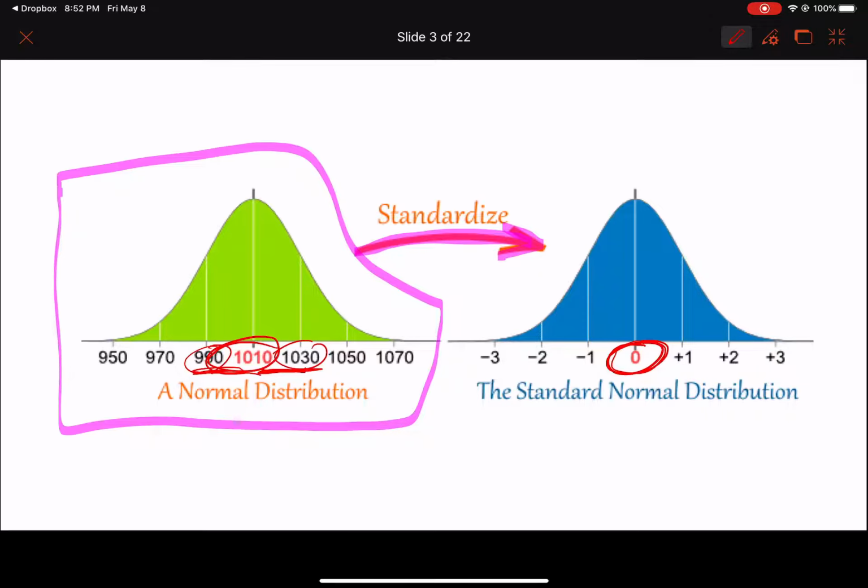When you get to the standard normal distribution, one standard deviation away, my z-scores are 1 and -1. Makes it so much easier to see where those outliers are, because as soon as you get larger than 2 or smaller than -2, you know that it's an outlier. So it's a lot easier to look at it and just see where those unusual values are.